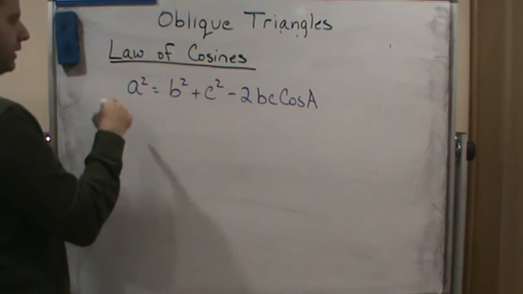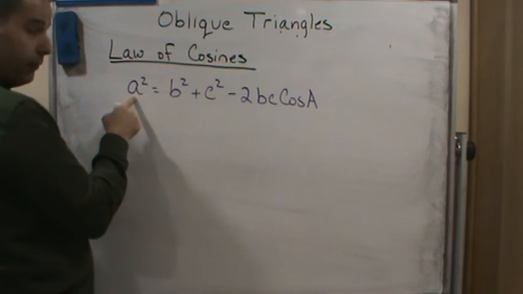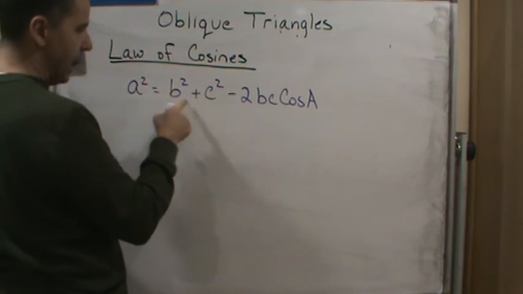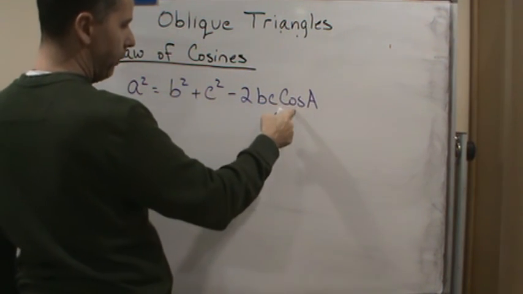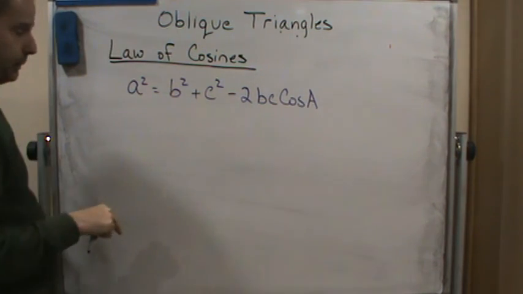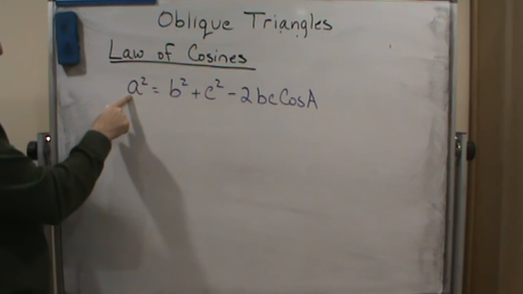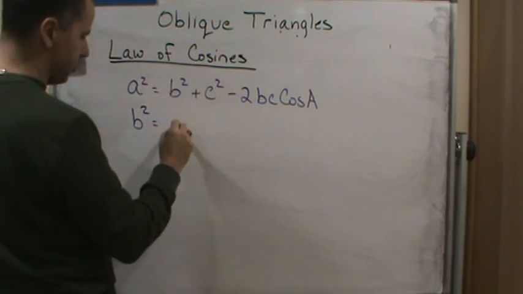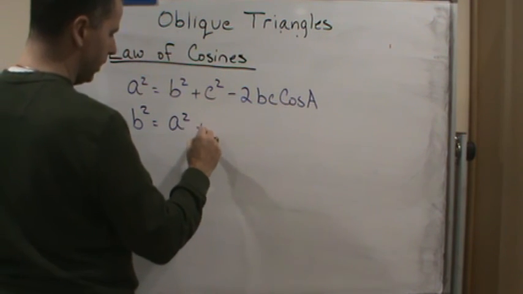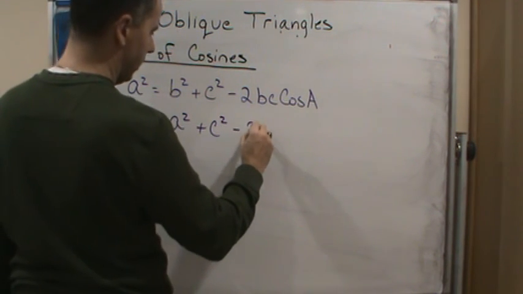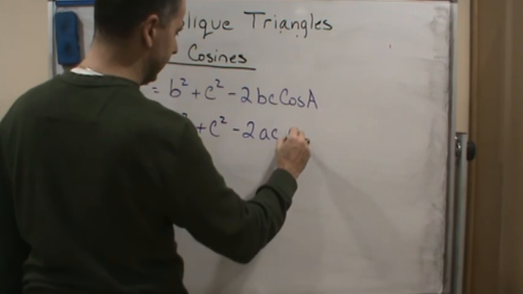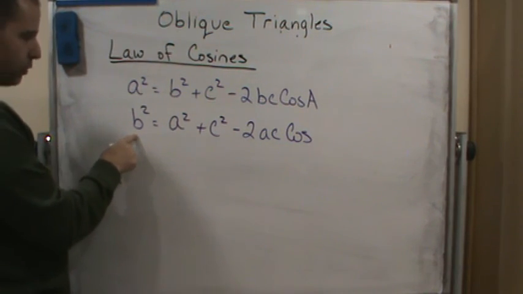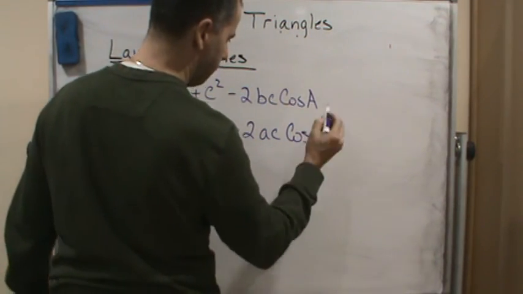So whatever side you're solving for, it's going to be the other two sides, and then cosine of the angle opposite the side you're solving for. Then b squared would be a squared plus c squared minus 2ac cosine b.